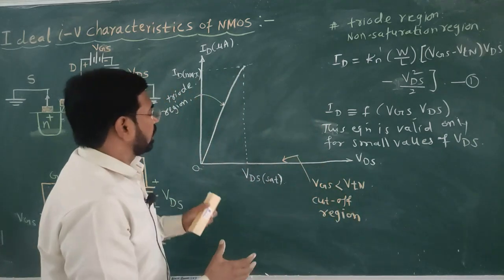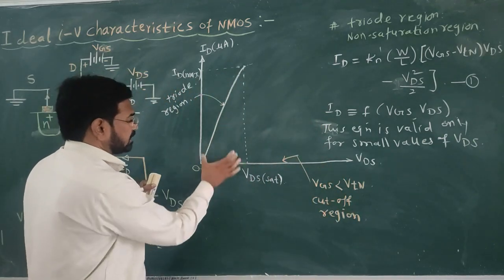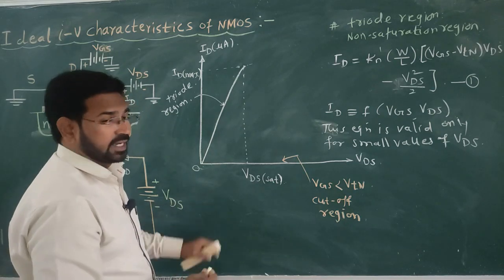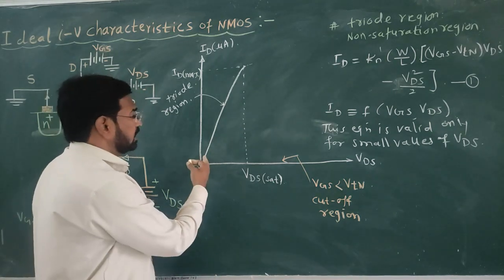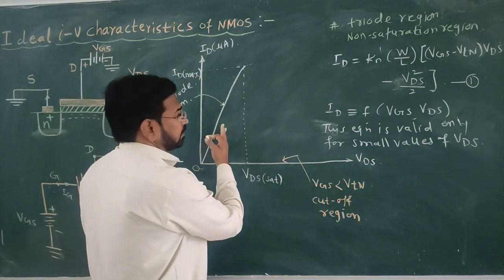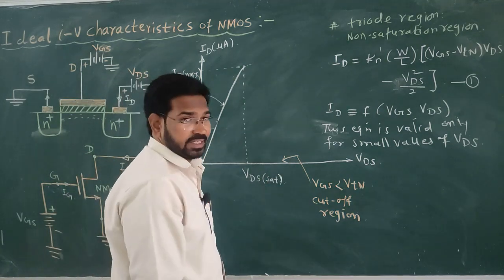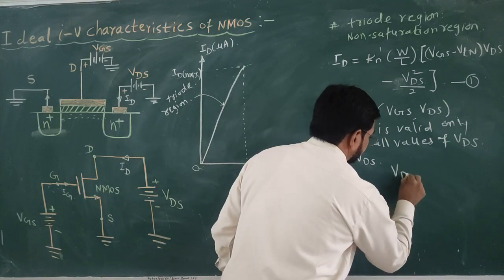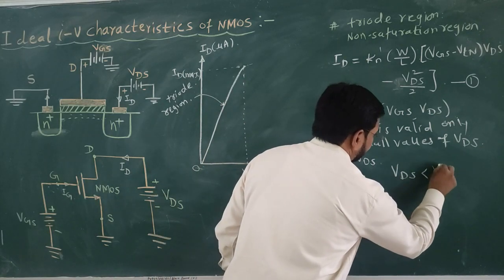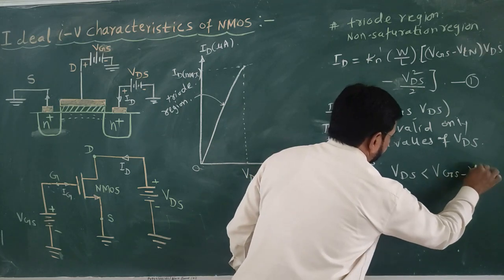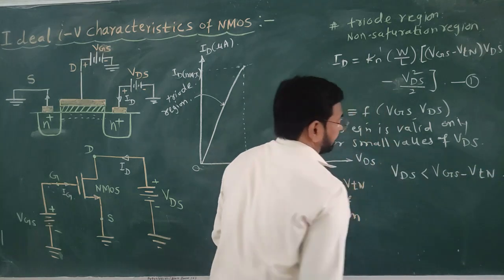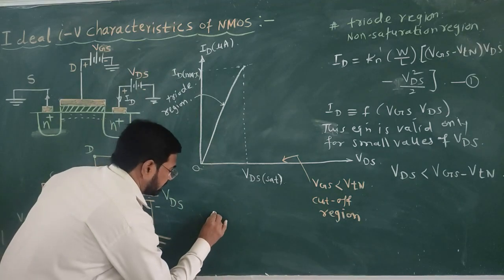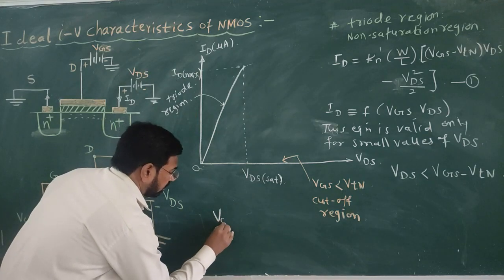Now, see what is the drain voltage during this period. In the triode region, what should be the drain voltage so that the drain current will change according to VGS and VDS? The condition for this is VDS should be less than VGS minus VTN. This VGS minus VTN is called the overdrive voltage.